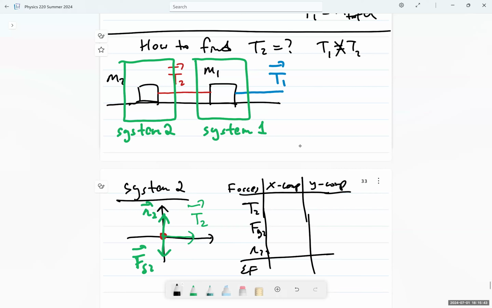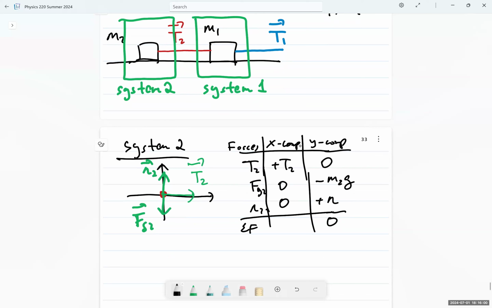Tension 2 is to the right, positive. It has no y component. Gravity is negative, so it's M2G in the negative y direction. Normal force has no x component. It's in a positive y direction. And those two are going to cancel out. But tension 2 is the only horizontal force.